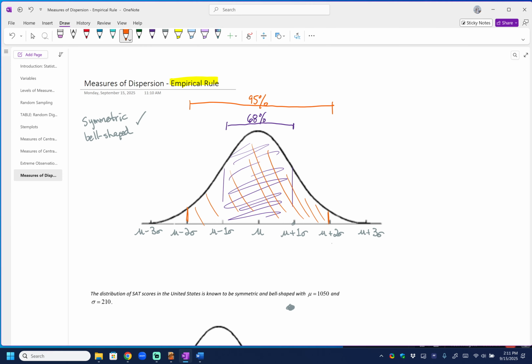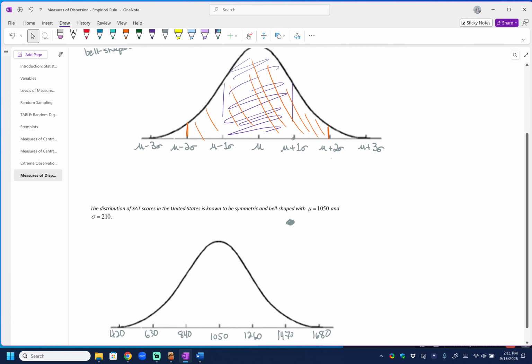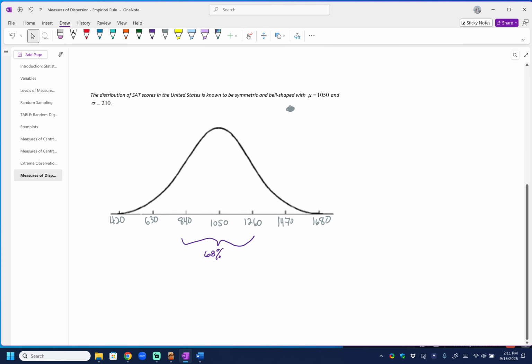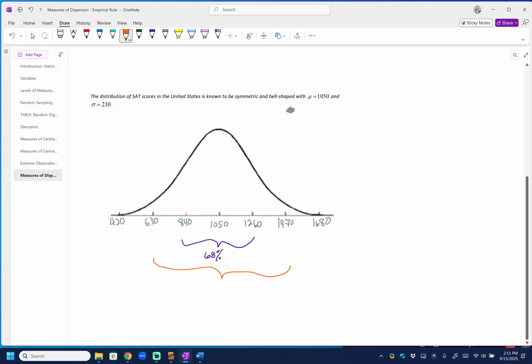So if we were to go to our example down here, if we went from 630 to 1470, a whopping 95% of all people that take the SAT are going to score between these two values, which means only 5% will not. That is a pretty significant finding.